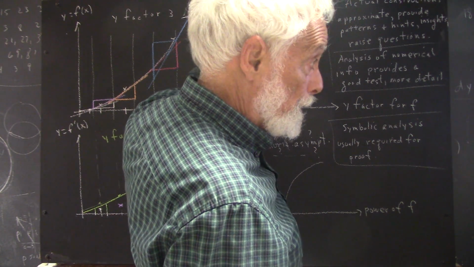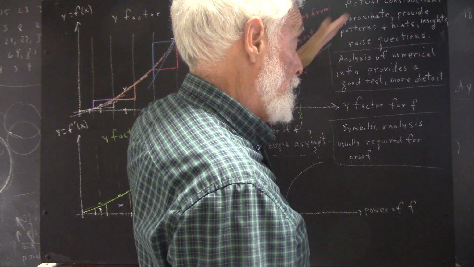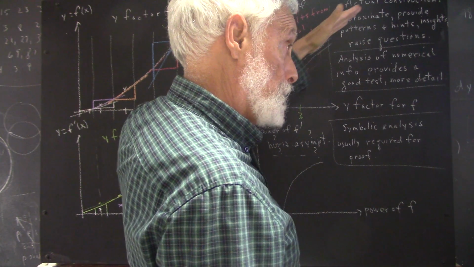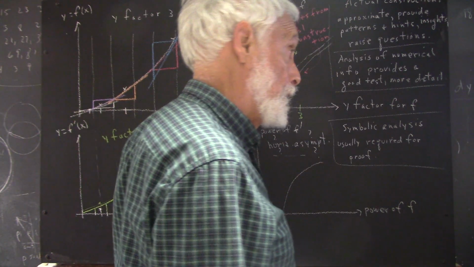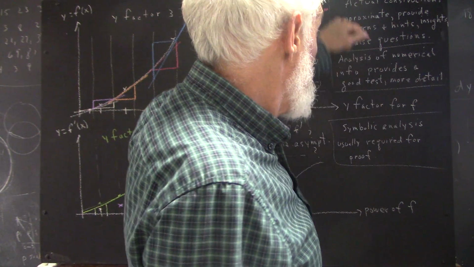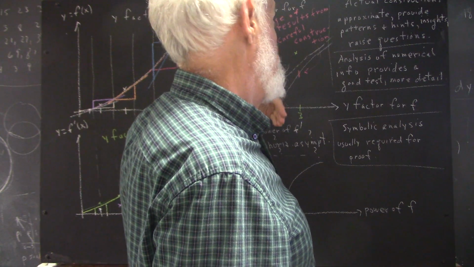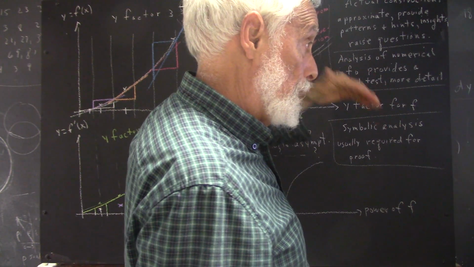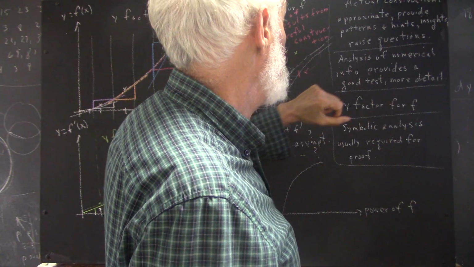Maybe this one does appear to approach a horizontal asymptote. Maybe it's not a horizontal asymptote, but a slant asymptote. Maybe there's even a vertical asymptote if we go out far enough, and maybe there are no asymptotes. Those are all questions that we would like to be able to answer if we want to really understand everything there is to understand about this situation.